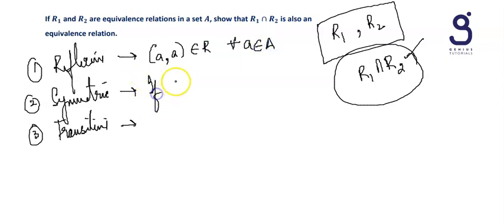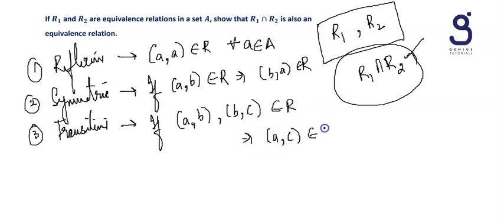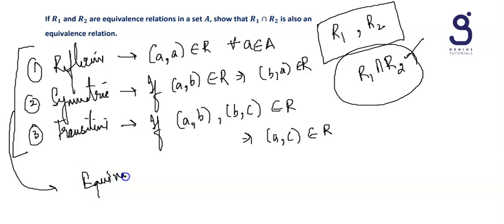Symmetric means that if (a, b) belongs to R, then (b, a) should also belong to that relation. And transitive means that if (a, b) and (b, c) belong to relation R, then (a, c) should also belong to R. If these three conditions hold, then we can say that the relation is an equivalence relation.